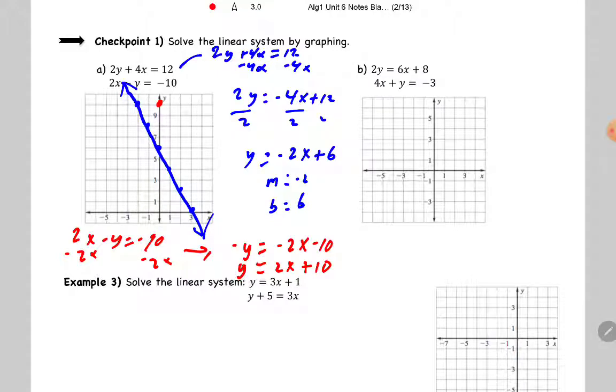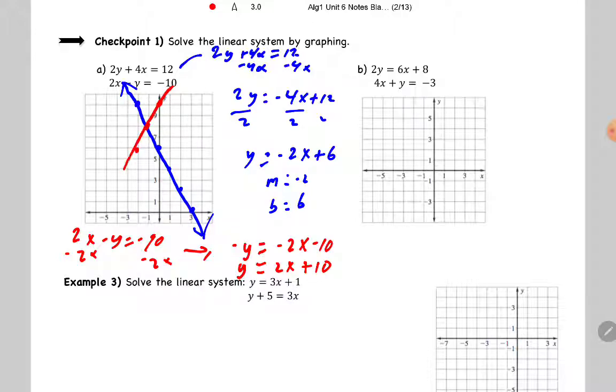Okay, and we're going to follow our slope here. So we start at 10 and go up 2 over 1. Instead, we're going to go backwards: down 2, left 1, down 2, left 1.